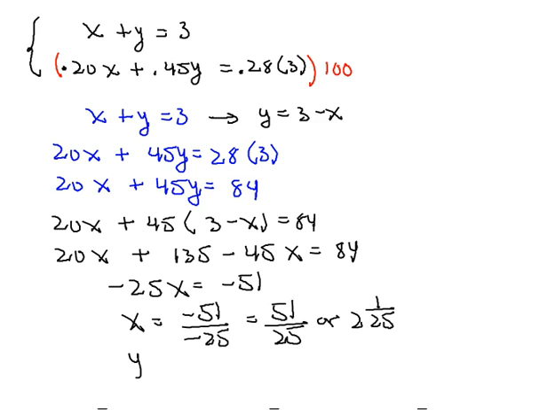And so y will be equal to, if we go back to the equation we created above, which is 3 minus x, so it'll be 3 minus 2 and 1/25. So this will turn into 24 over 25. So we'll next write a sentence answering the question posed by the problem.